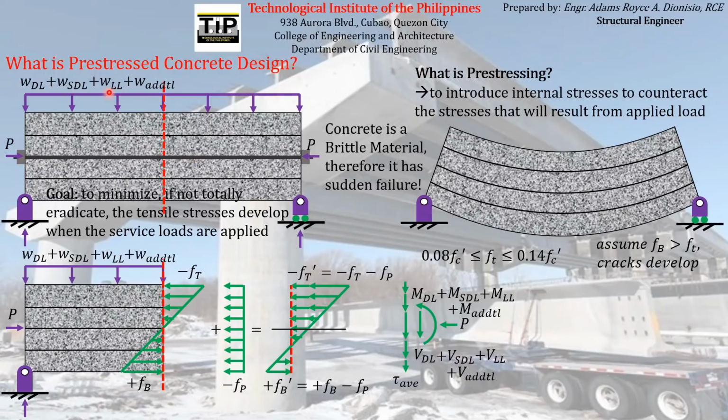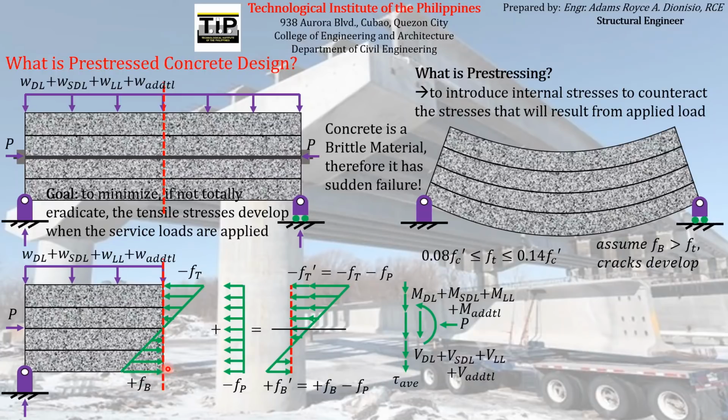Kung kanina, buhat-buhat niya lang to, tapos ang naramdaman niya na tensile stress dito ay halos FT na, greater than na sa FT, kaya magkakrak na siya. Ngayon, since nag-add tayo ng pre-stressing reinforcement, eto na lang yung tensile stress sa kanya, meaning kahit magdagdag tayo dyan ng additional load, at lumaki pa yung bending moment dyan, and then resulting to that additional bending moment, lalaki pa tong tensile stress dito sa bottom fiber.